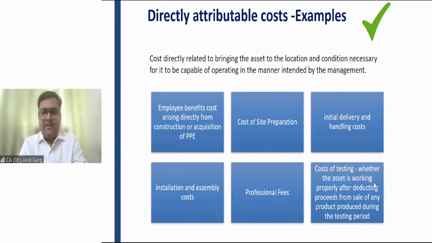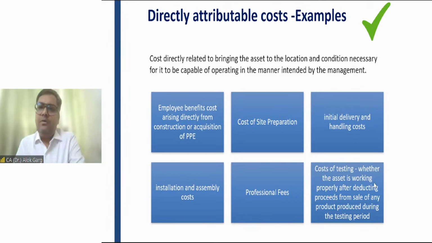Tanisha, when you purchase a PPE, what accounting entry do you pass? PPE account debit to bank account. What are the two line items getting impacted? One, PPE. Number two, your bank balance. Something is coming in and something is going out.